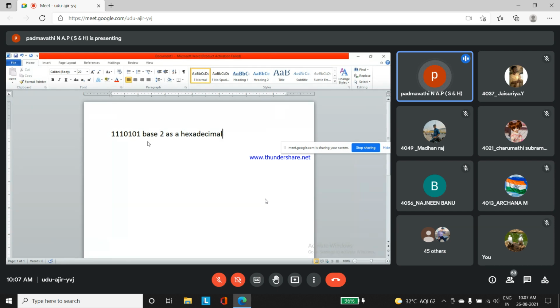So given is the binary digits. Okay, now convert it to the hexadecimal.